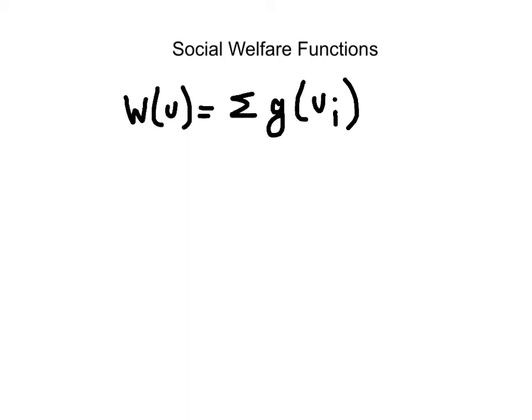So the point here is that unlike in the utilitarian social welfare function, where increases and decreases of individual utility translate into identical changes in the social utility, here we attach decreasing social weight to successive units of individual utility.